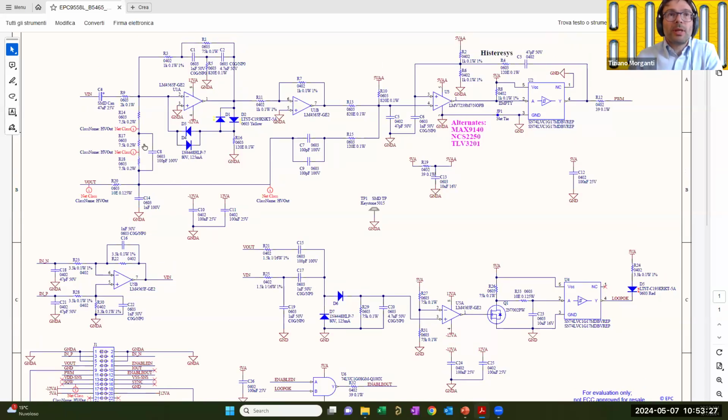This outer loop is also taken from the output terminal, and it implements the feedback in the audio bandwidth. Those three resistors and this input resistor set the gain of the stage. This is an inverting amplifier, and we have a second order integrator here with clamping, and the output of the integrator, which is the error amplifier, is fed to the comparator.